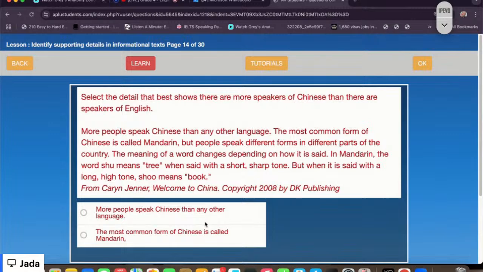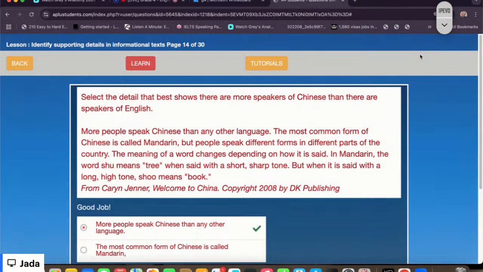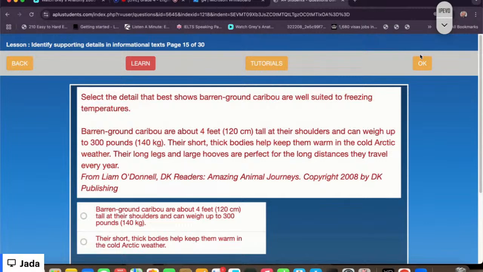So more people speak Chinese than any other language. Alright, so select the detail that best shows that barren ground caribou are well suited to freezing temperatures. So is it the first or the second?